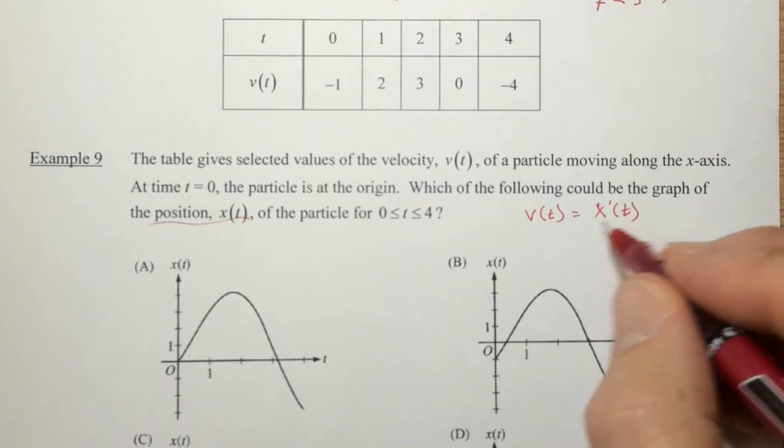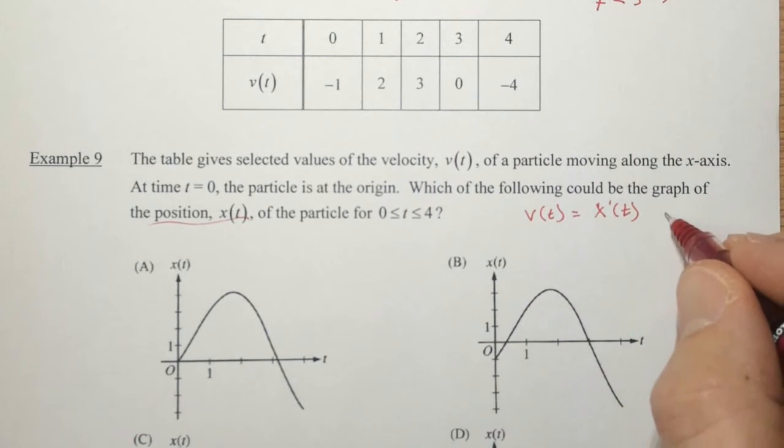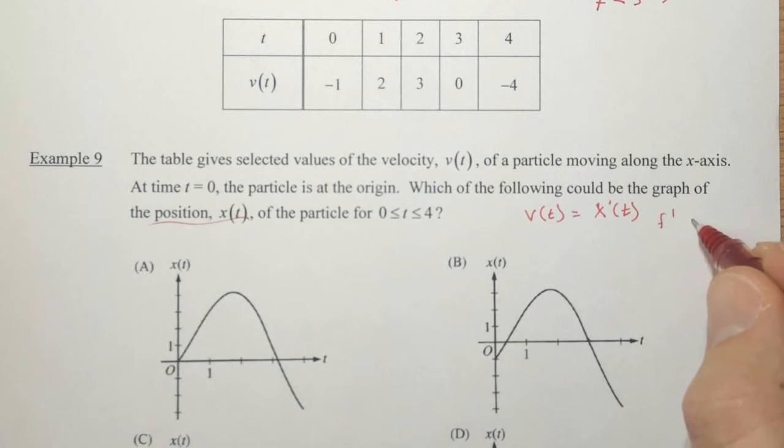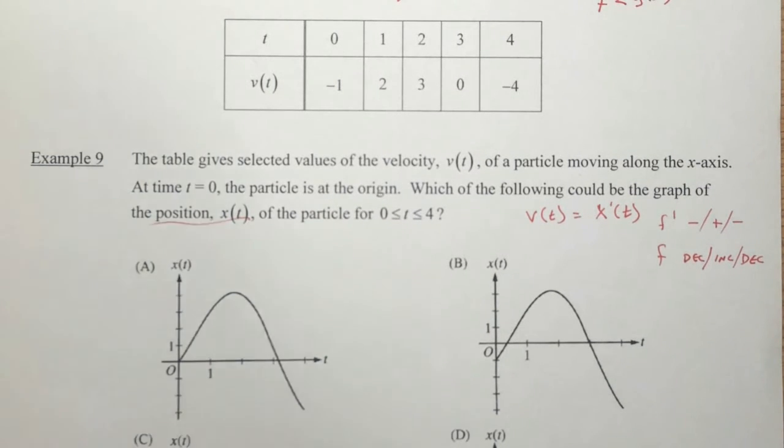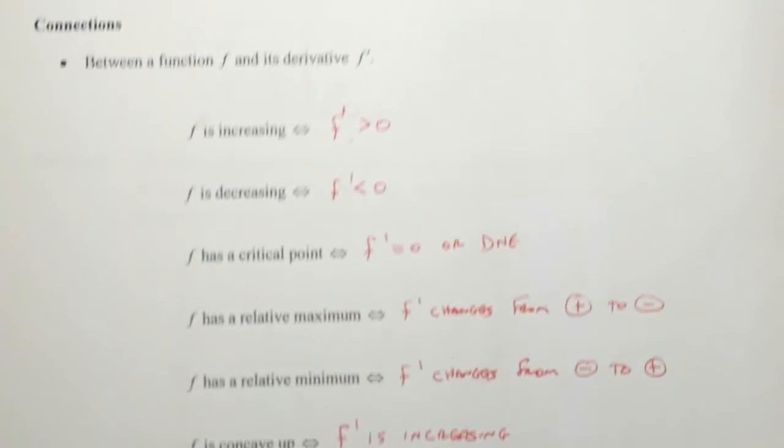So the derivative, f prime, think of it this way, is negative, and then positive, and then negative. Which means we need a function which is decreasing, and then increasing, and then decreasing. It all goes back to these connections.